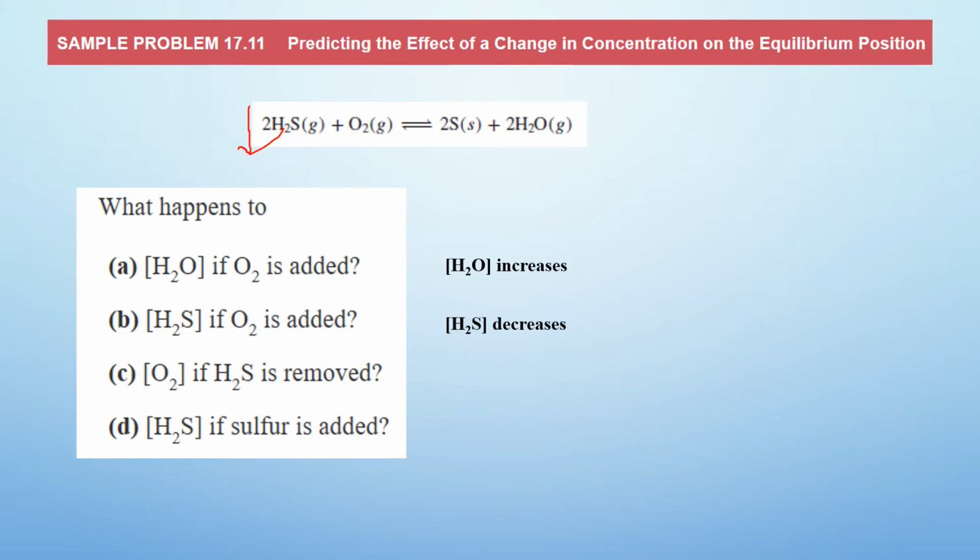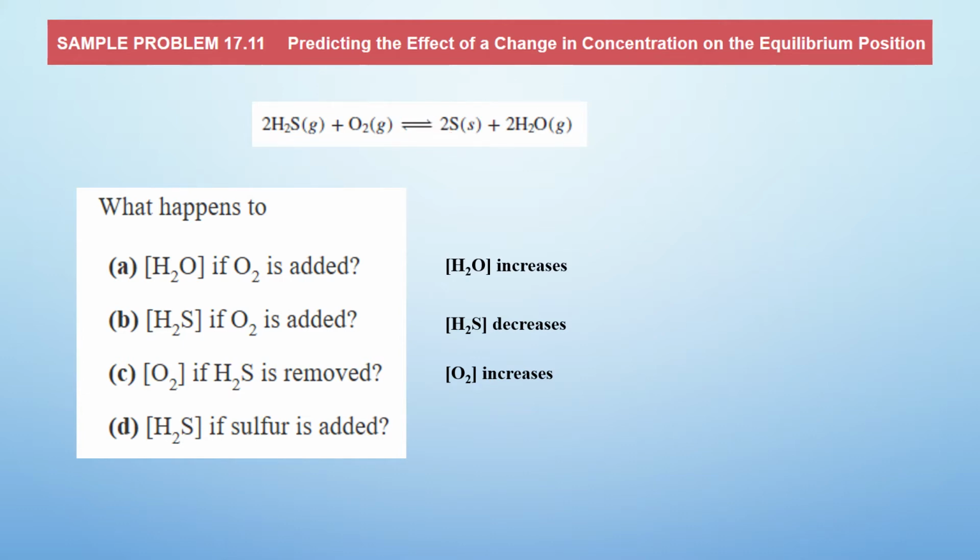That is achieved by reacting the sulfur and the water to the left. That will generate more hydrogen sulfide, but at the same time you're also generating oxygen. So the concentration of oxygen is going to increase.